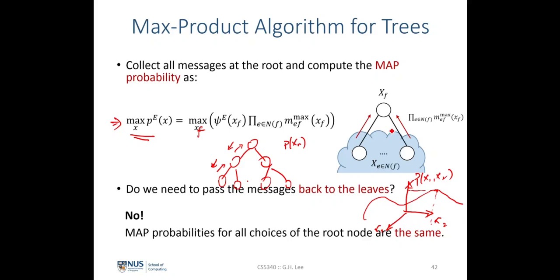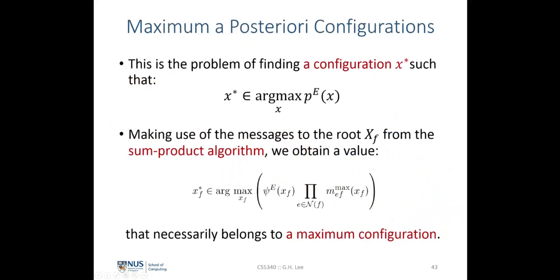So as a result, what I don't need to do here is pass the message downwards, because I'm not going to reuse the message anyways. I just need to randomly select a root node out of all the random variables in this joint probability distribution and pass all the messages upward towards this root node, and I'm done here, because as a result I will be able to get the maximal probability.